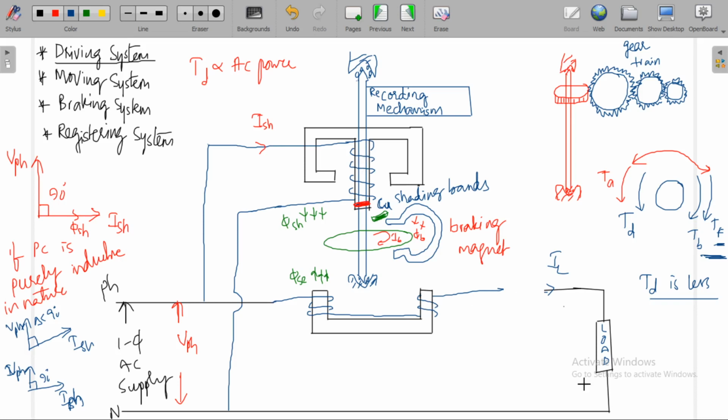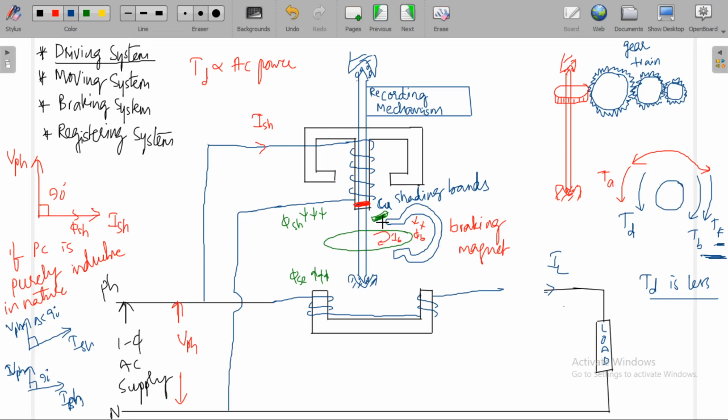At no load conditions, the disc may make slow but continuous rotations. That effect is called creeping effect.